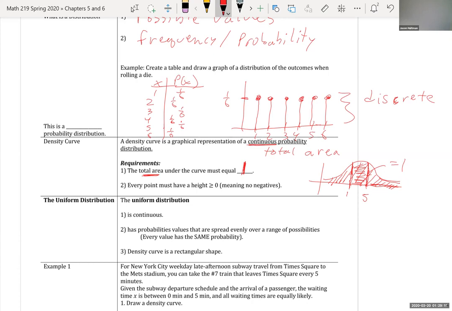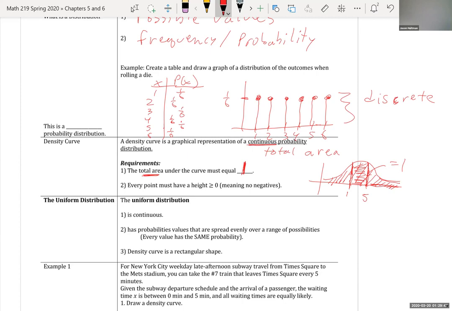Say that these were heights, maybe 1 foot to 5 feet. What's the probability of having 1 foot to 5 feet on something? Not the probability of getting exactly 1 foot, because you couldn't really get exactly 1 foot. It would be 1.000001. We're looking at a range of values for a continuous probability. So the area is equal to the probability.